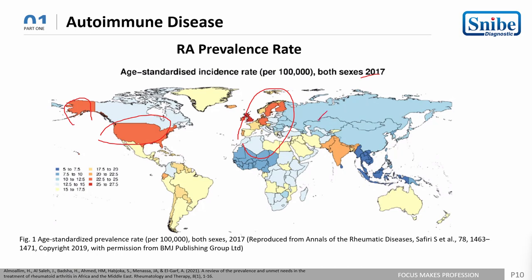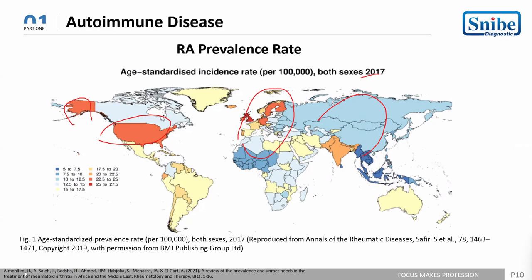The Asian countries have a normal prevalence of 7.5 to 10%, or 10 to 12.5%, which is comparatively low compared to Latin America and the European countries.